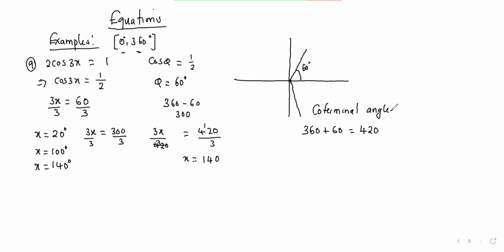The reason why we added 360 is because we are looking for a coterminal angle.